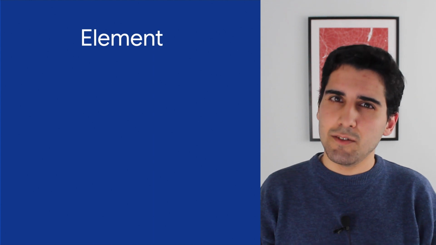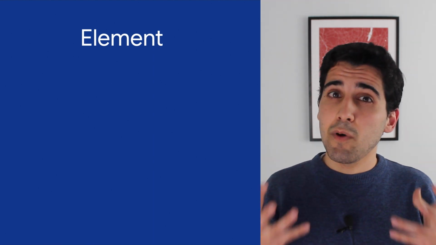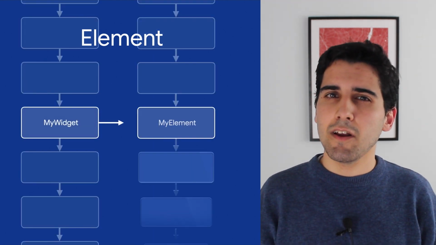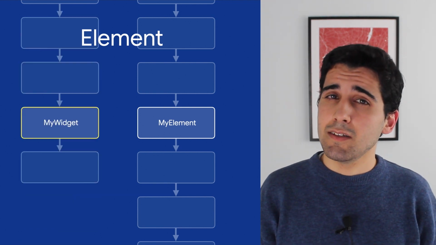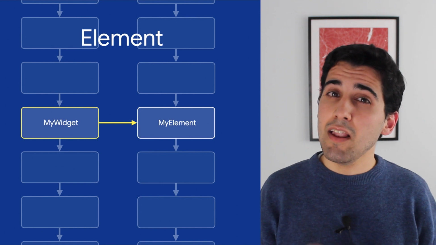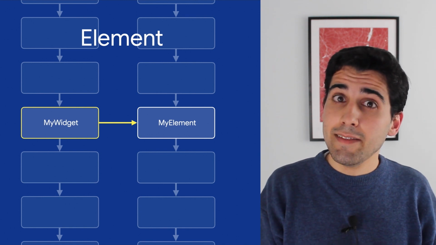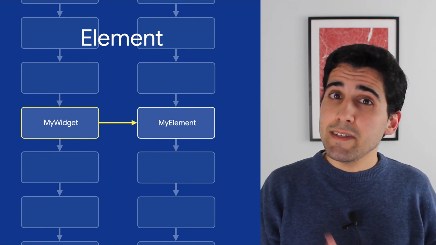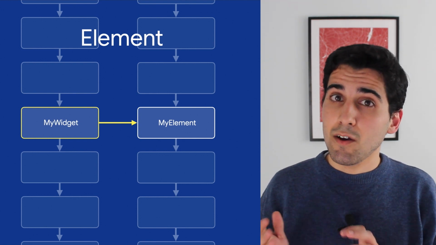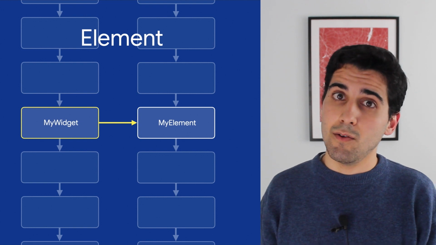Let's continue with the elements tree. An element represents the use of a widget in a very specific location of the tree. Over time, widgets can change, but elements don't. They have a life cycle. They are created, mounted, updated, and unmounted. For every widget in the widget tree, there is an element that controls its state and life cycle.